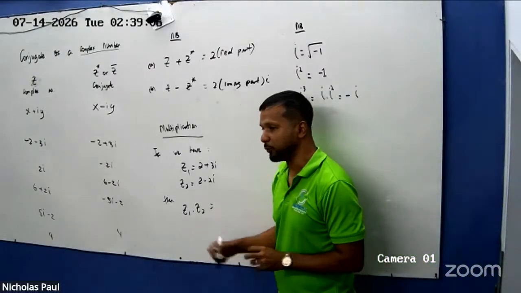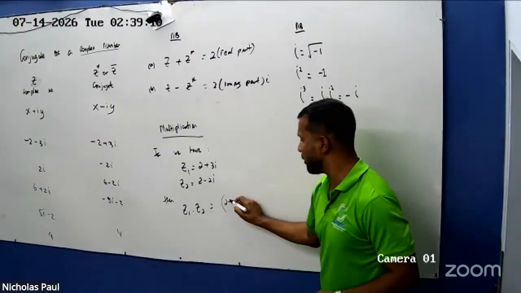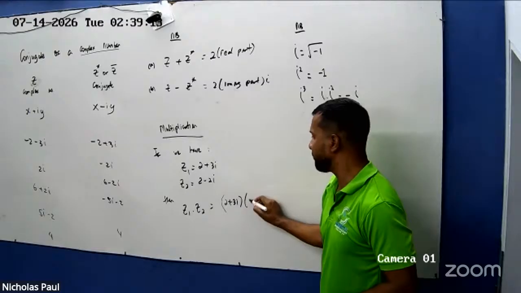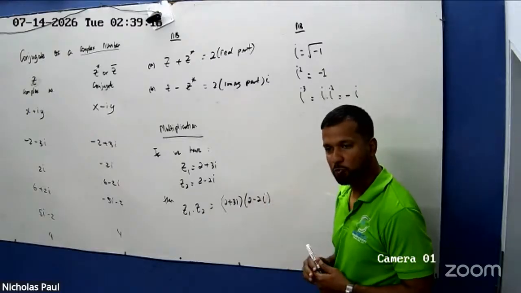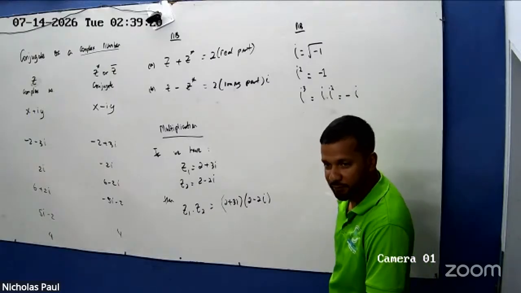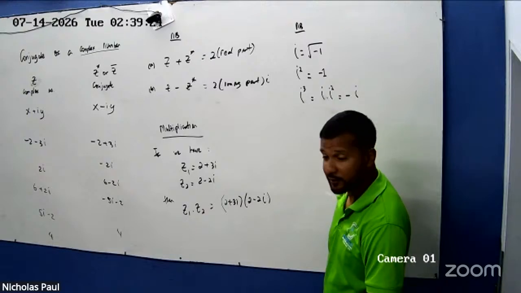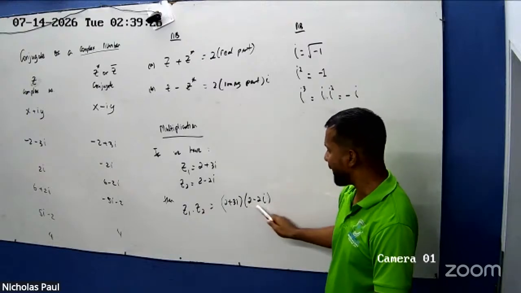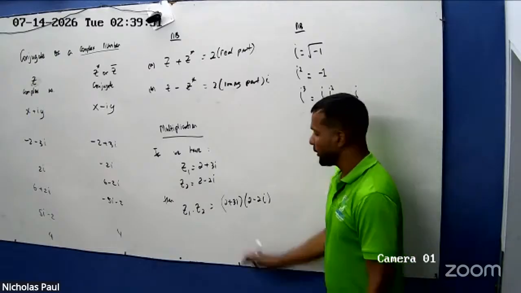Z1 and Z2. Z1 is 2 plus 3i, and Z2 is 2 minus 2i. How do you multiply something like that? Anybody? What could we probably do? Expand it out. 2 by 2, 2 by minus 2, and so on. Try it and see.